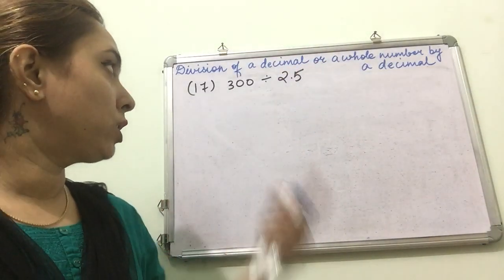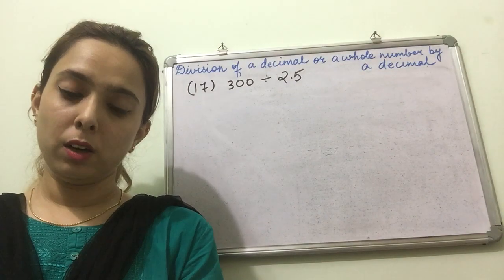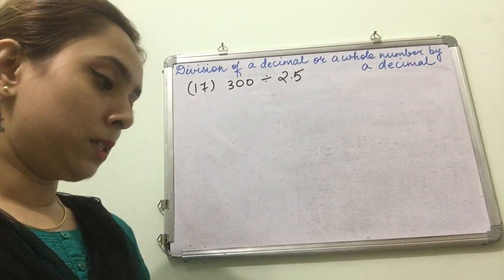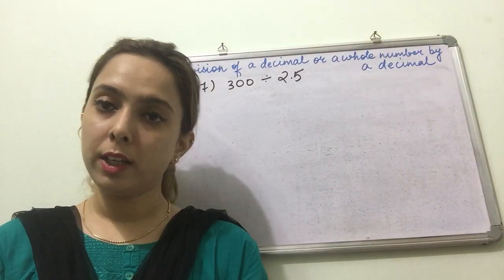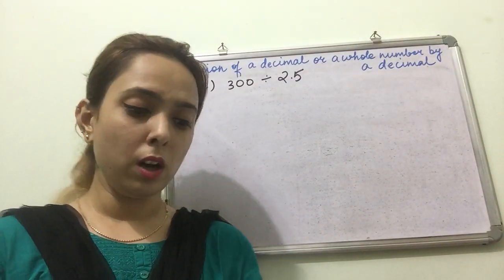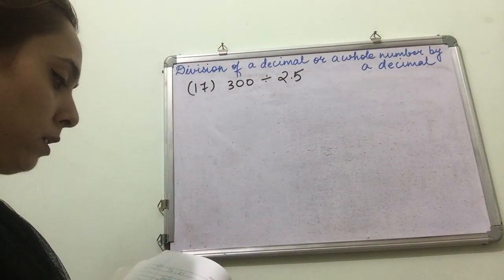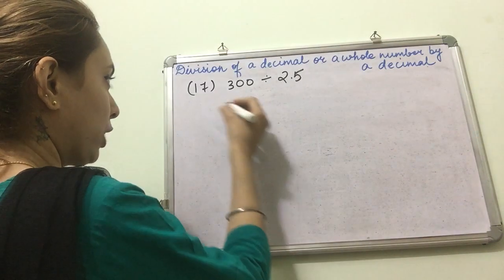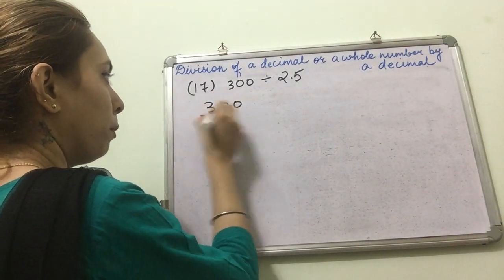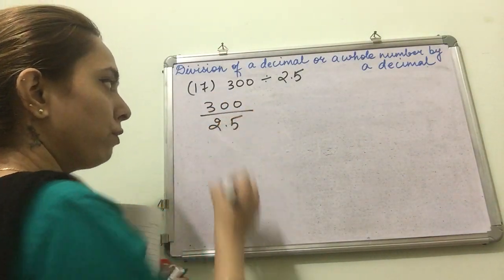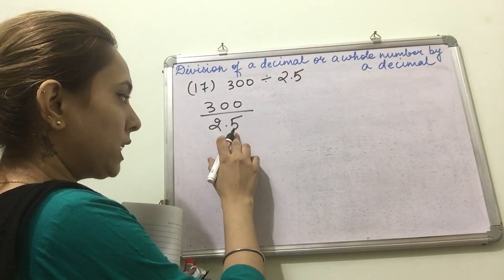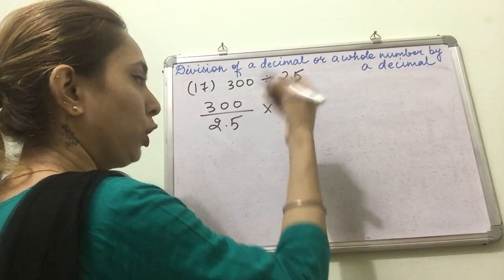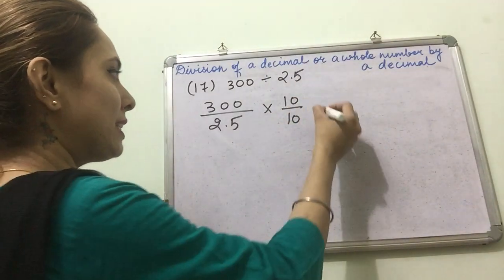So in this question, our dividend is a whole number and our divisor is a decimal number. So we have to convert the divisor into a whole number. Again, we will write it in fractional form, 300 upon 2.5. Again, after the decimal we have only one number. Multiply the numerator and denominator by 10.